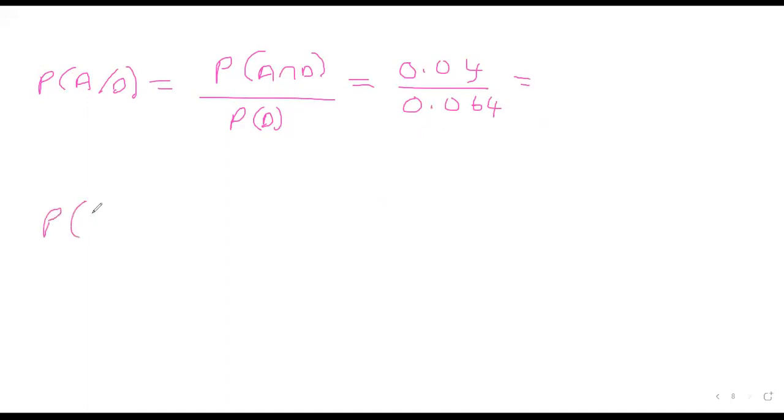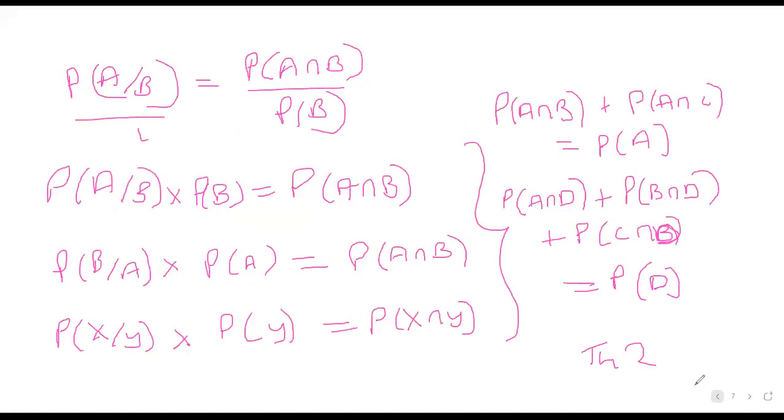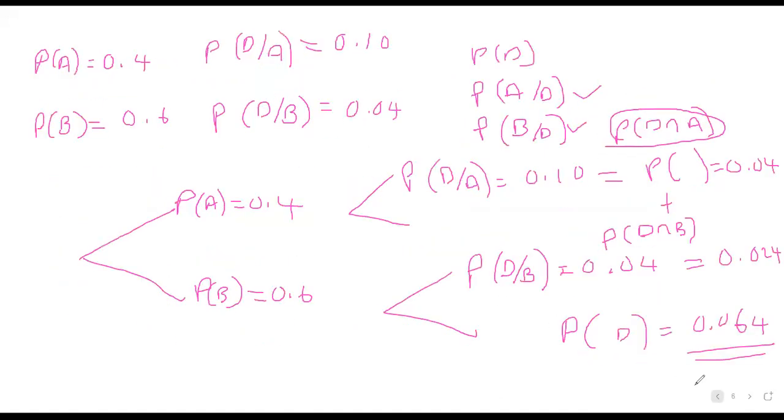Okay, how do you find probability of B given D? What goes down? D. And on top we're going to have what? Probability of B intersection D. We have B intersection D. We have it?